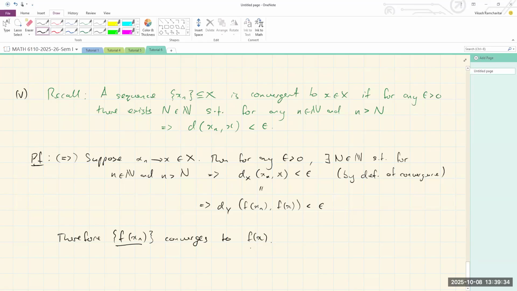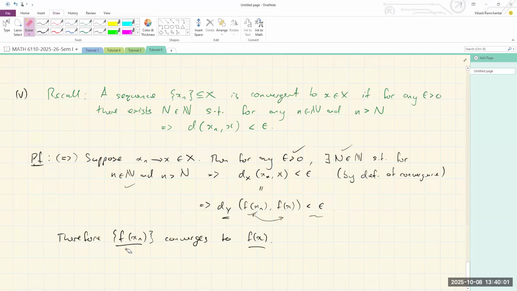This sequence converges to f of x because for any epsilon, I could find a natural number such that for any other natural number bigger than it, the distance in the Y metric between the point f of xn and its so-called limit point is less than epsilon. So that's the definition of convergence.